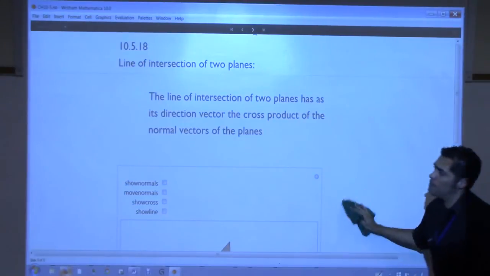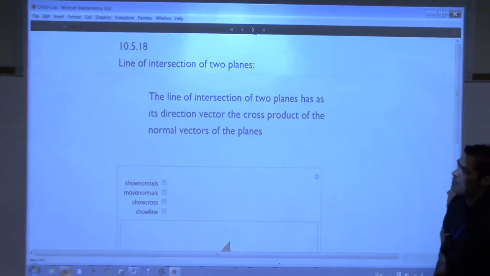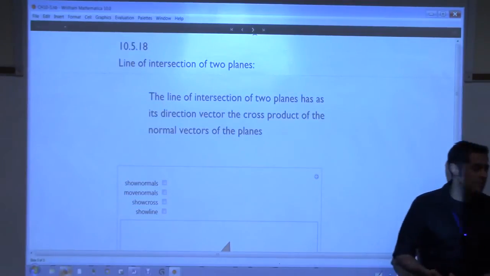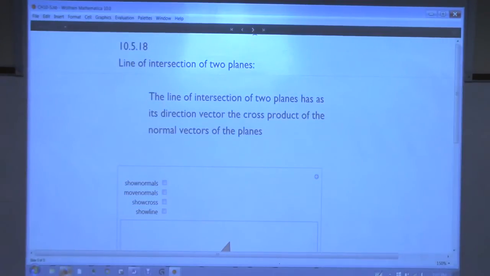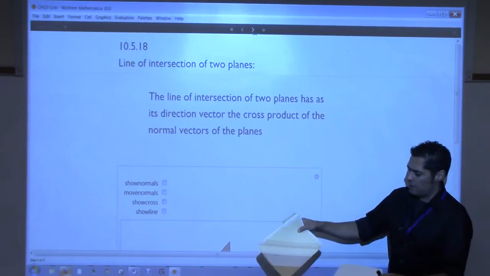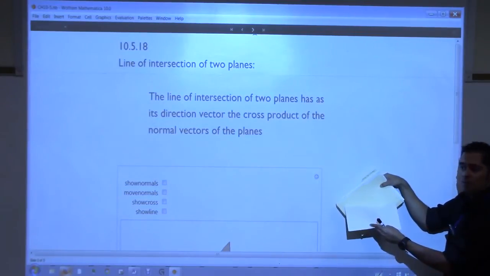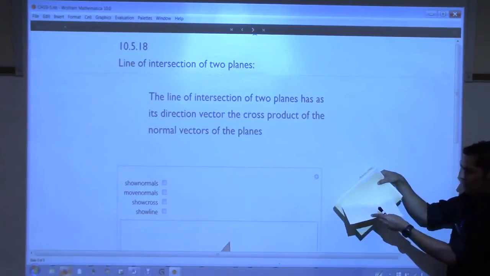All right, so this is a really important concept right here: finding the line of intersection of two planes. Let's say we have two planes, and I forgot to bring my plane today, so I'm going to have to use a different one. If they intersect each other in a line, they form a line where they hit each other.